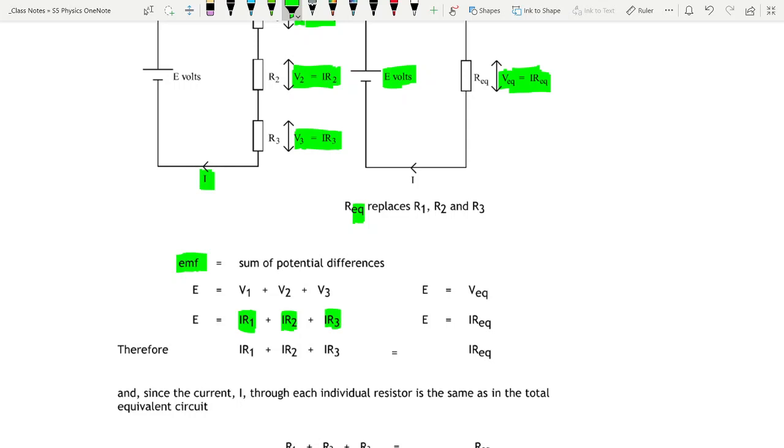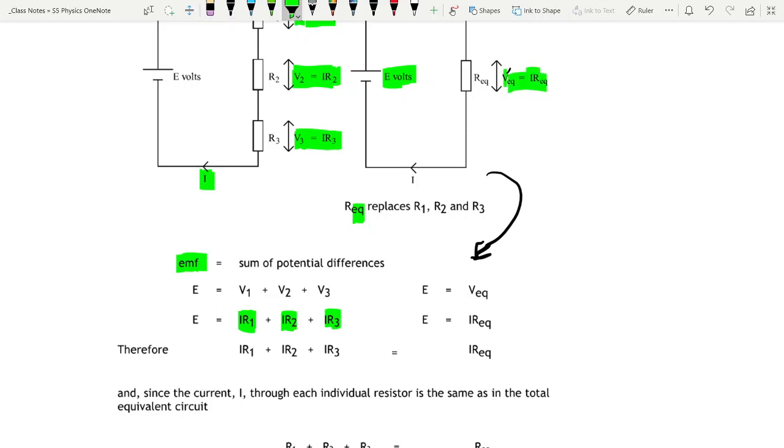We also know from this circuit, with the equivalent resistance and the equivalent voltage, that E, the total voltage, is the same as the voltage across that equivalent resistor.